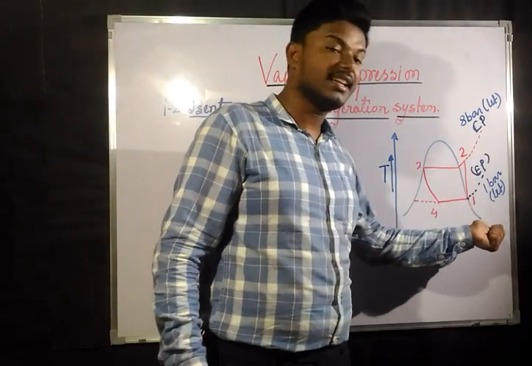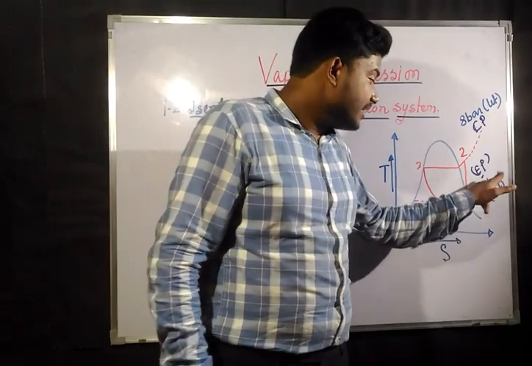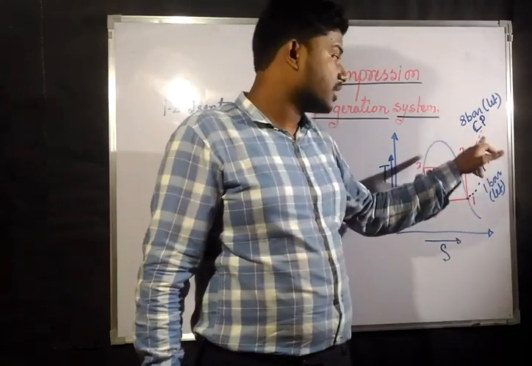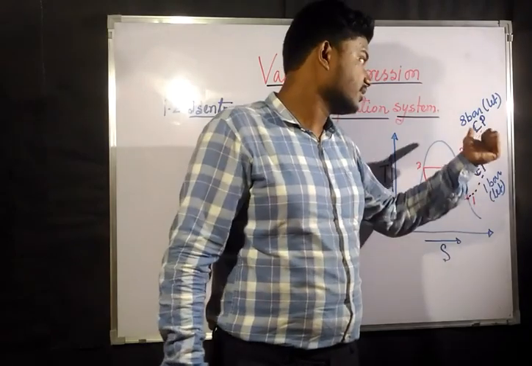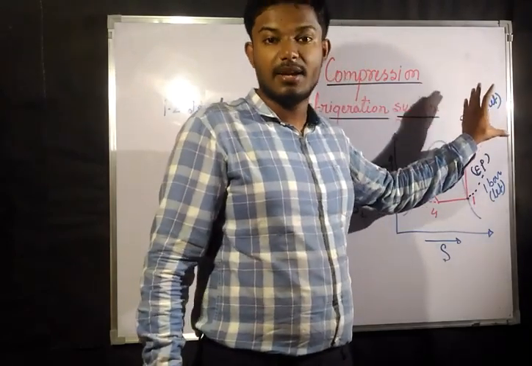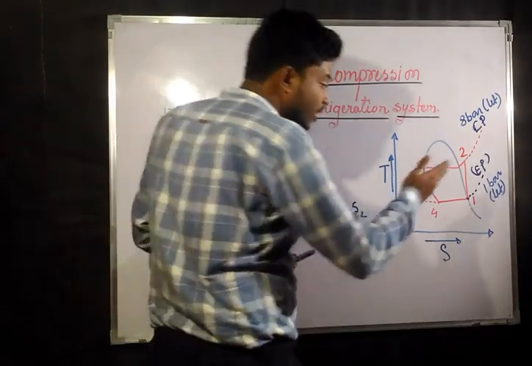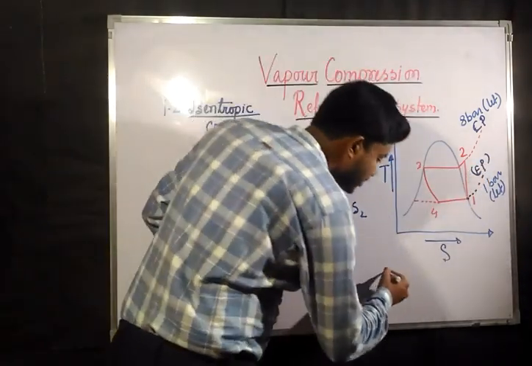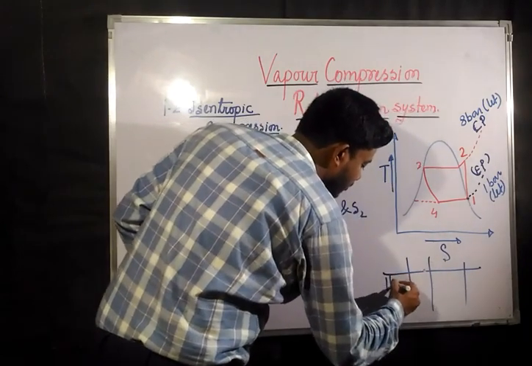Since this is on the saturated gaseous line, we use the saturated zone. In that, we have taken the higher pressure as 8 bar and the lower pressure as 1 bar. So at that 1 bar pressure, from the steam table in the saturated zone, you are going to find the values.